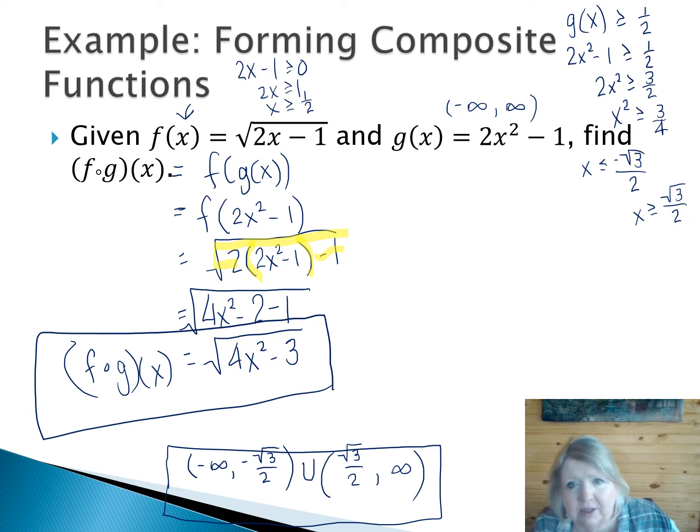But watch this. If all of this, substituting g of x in for x and solving for the domain, take a look at this. If I looked at my composition and I said, well, I know that what's under the radical, that radicand, has got to stay non-negative, and I solved that.